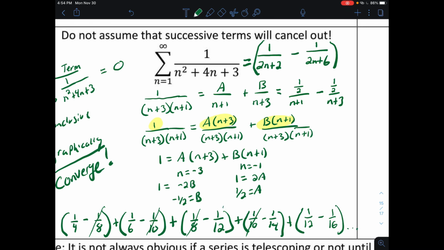Well, the 1 over 12 cancels, and notice what happens. First and last terms canceled right here, which means that the sum of this series is going to equal all of the terms that have not canceled in front of it, which would be 1/4 and 1/6. So the sum here of this series is going to equal 1/4 plus 1/6, which winds up equaling 5 over 12.